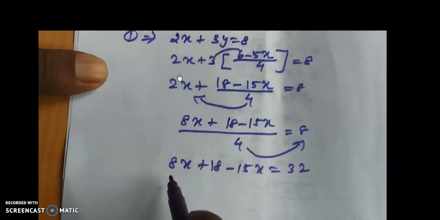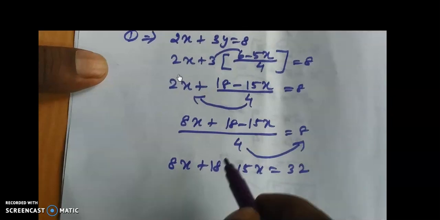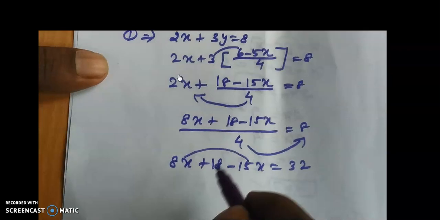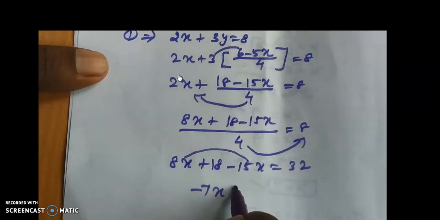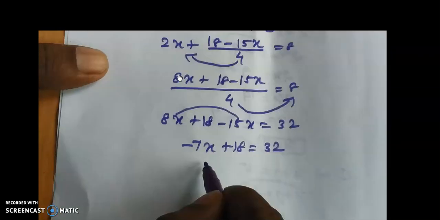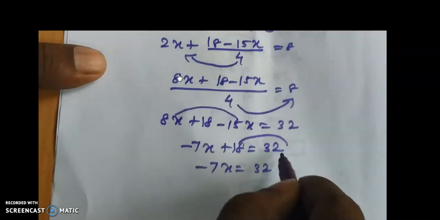Now it becomes an equation with only one variable. Now simplify this. If you simplify these two terms, that is like terms, we will get minus 7x plus 18 equal to 32. Right? Therefore minus 7x equal to 32, and if you transpose 18 that side, it will become minus 18.